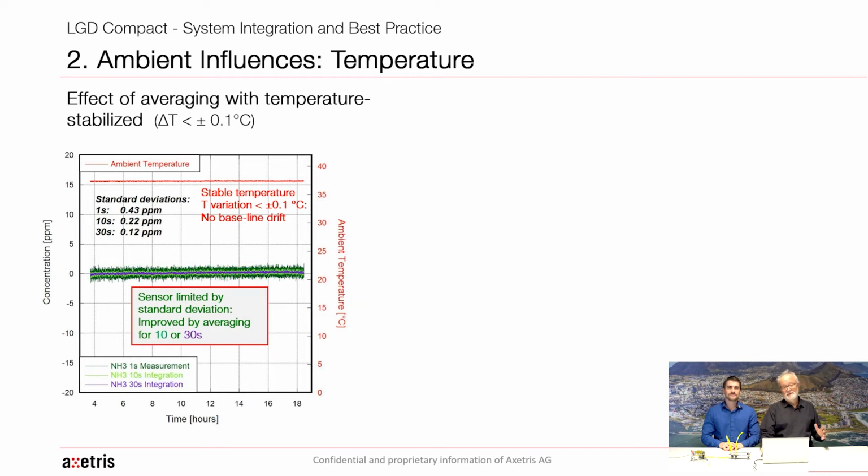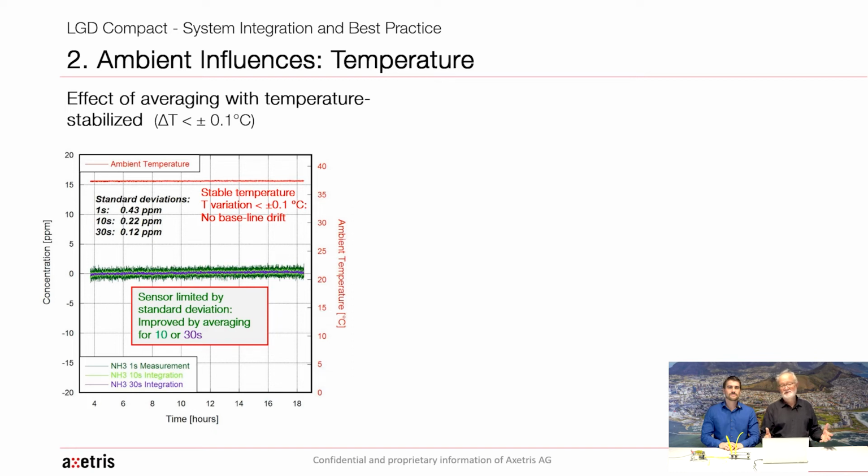First, we look at an instrument which is at a very, very stable temperature with variations below 0.1 degrees C. And then you see that there is a little fast noise on the unit's output.